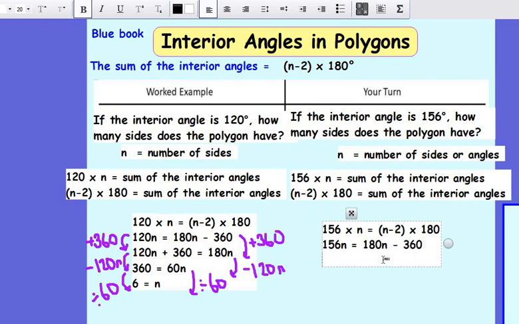Let's solve it in the same way. 156n plus 360 gives me 180n. Subtracting 156n from both sides tells me that 360 is equal to 24n.